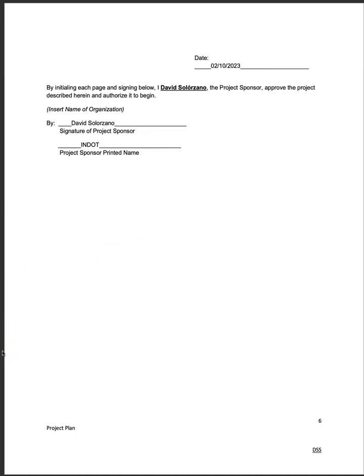This is very important because this is a statement that will help not only the project manager but also stakeholders understand that the project sponsor understands what has been stipulated up until this point.